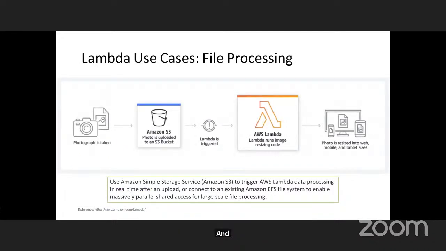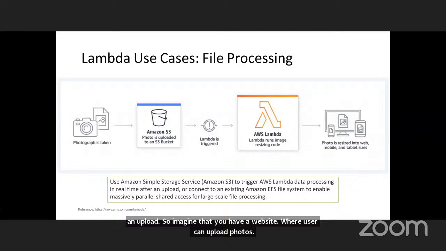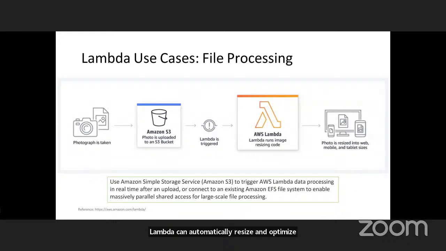Let's give some use cases for Lambda functions. For example, file processing. We can use AWS S3 to trigger Lambda for real-time data processing after an upload. Imagine you have a website where users can upload photos, and Lambda can automatically resize and optimize these photos as soon as they are uploaded.